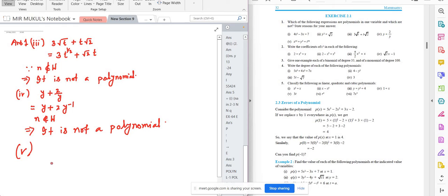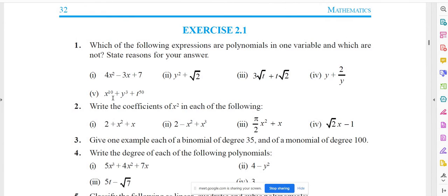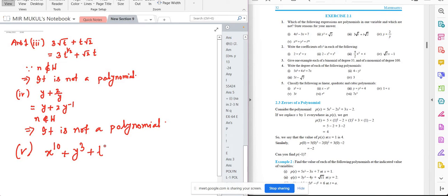So here x to the power 10 plus y to the power 3 plus t to the power 50.